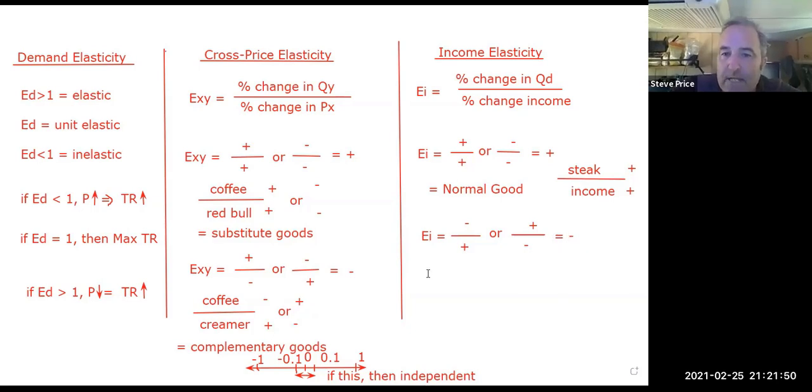So if the coefficient's negative, that's going to be something like, let's do top ramen, and then income, and then a dividing line. So if your income increases, I asked you, what is it that you're going to buy less of when you make more money? Many of you said ramen. And so note, the denominator will be positive, but the numerator will be negative. Note that that gives you a negative, which tells you that this is an inferior good. Something you buy less of when you make more money or more of when you make less money.